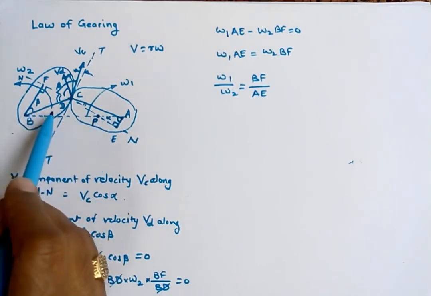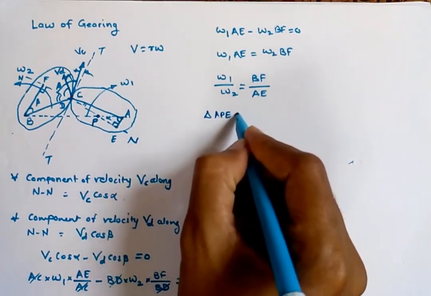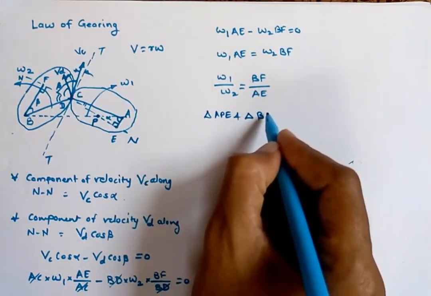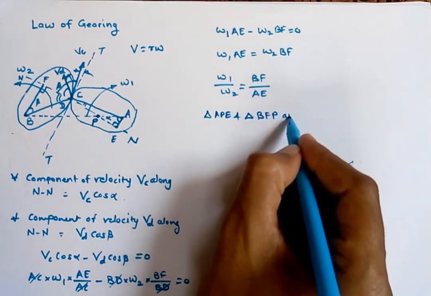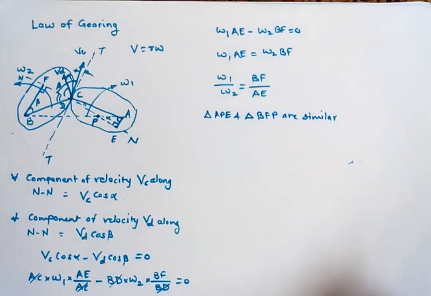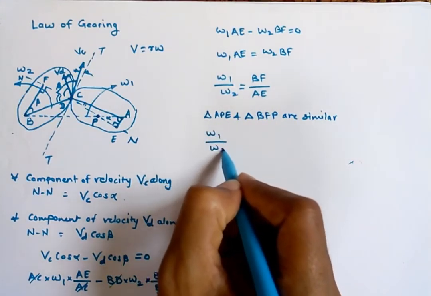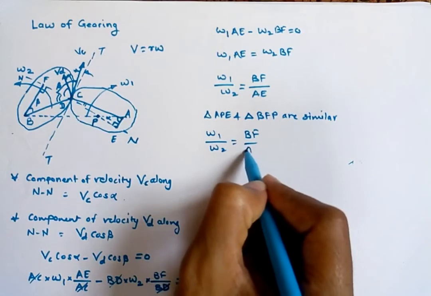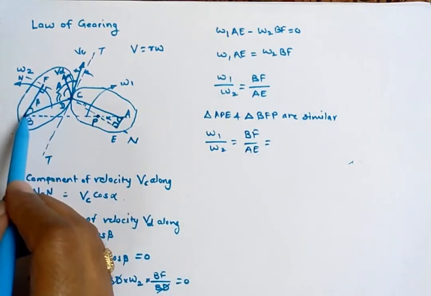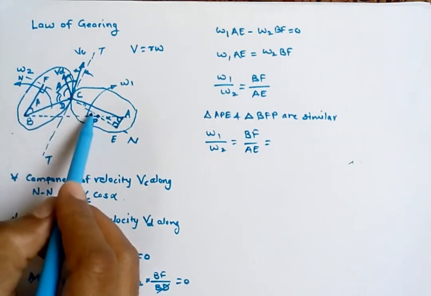Hence, we can say that triangle APE and triangle BFP are similar. Hence, we can write omega 1 upon omega 2, which is BF upon AE, is also equal to, now BF is one of the sides of triangle BFP, so instead of BF I can write it as PF or BP.